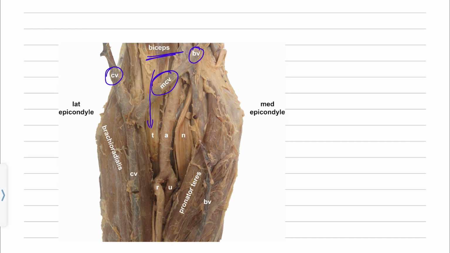So this is the cephalic vein, the basilic vein, the median cubital vein. T for the tendon of the biceps brachii, you can see it converging here. A for the brachial artery, and N for the median nerve. You can't see the superficial branch of the radial nerve here. This is the lateral side with brachioradialis, and on the medial side this is the pronator teres muscle.